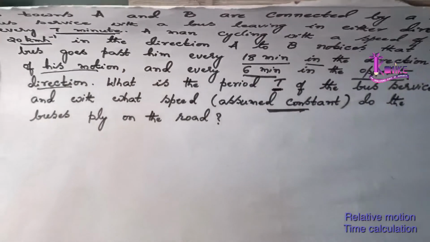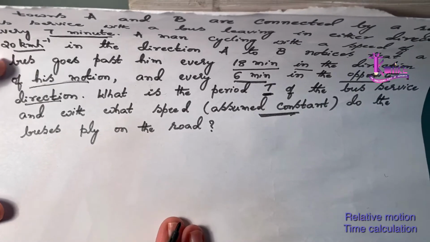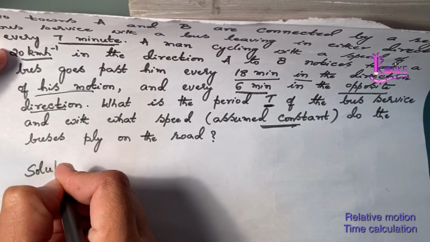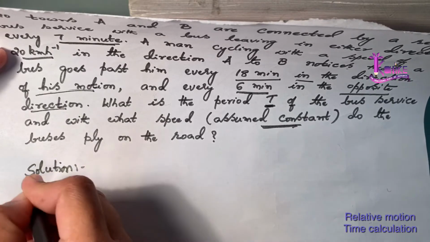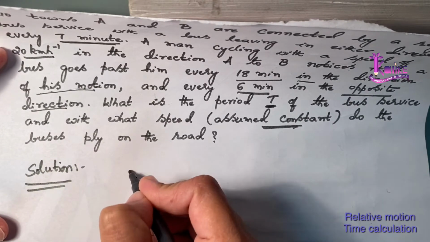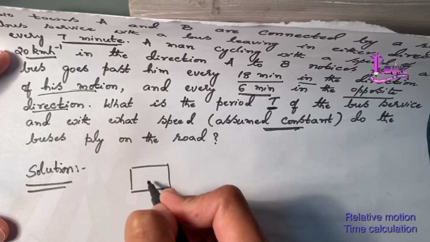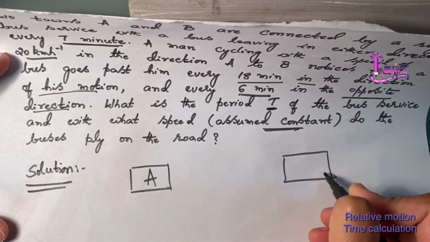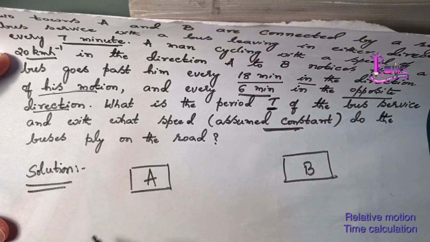Let's first picturize what is given. So, solution. Let's say this is town A, and this is town B. They're connected by a regular bus service.